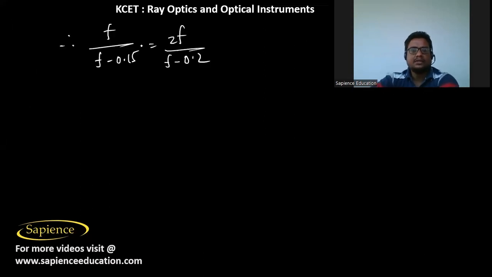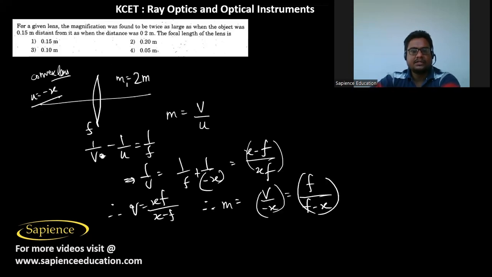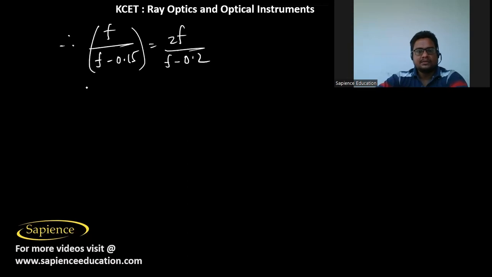Since the magnification obtained in the first case is twice the magnification in the second case, we have to find out F actually, the focal length of the lens.